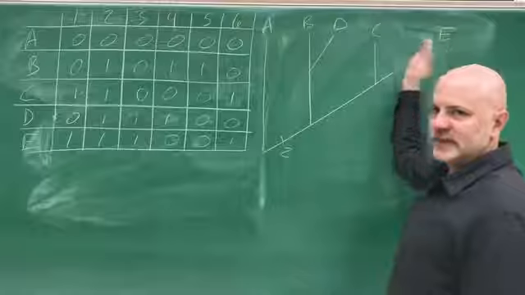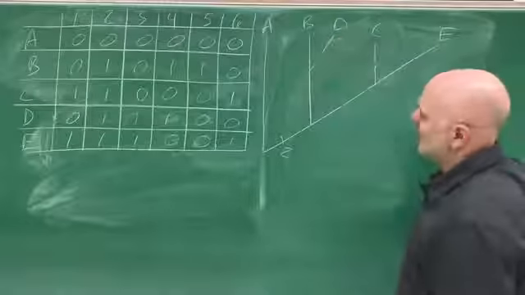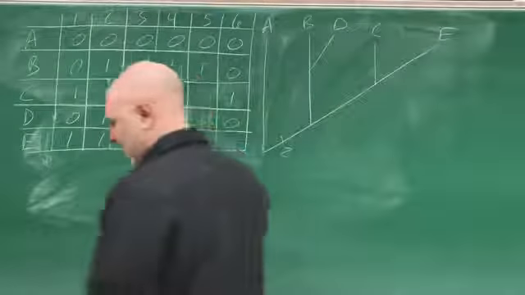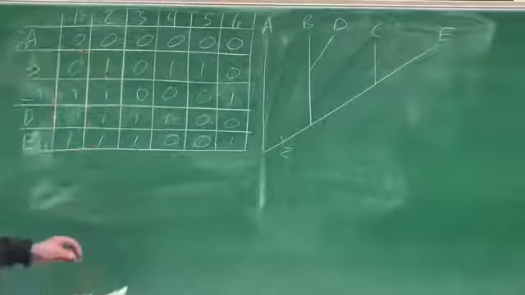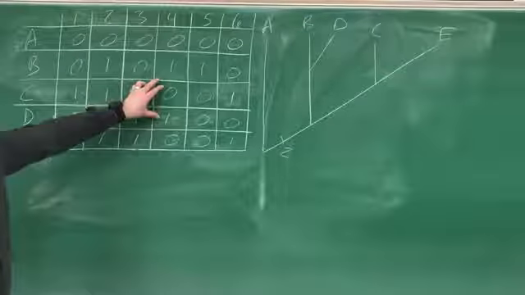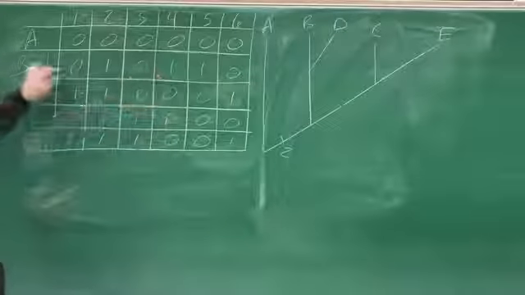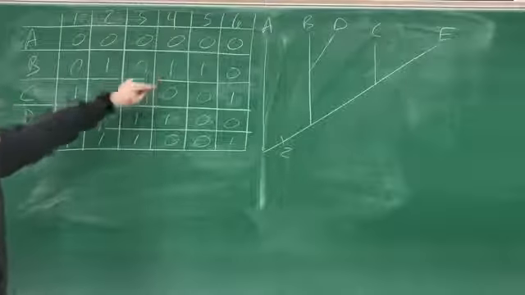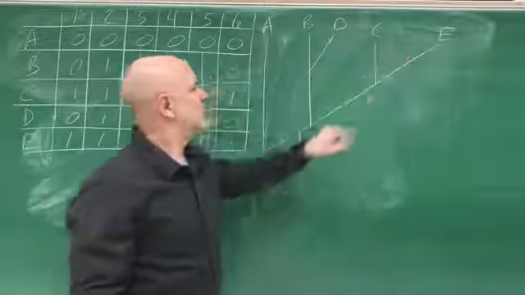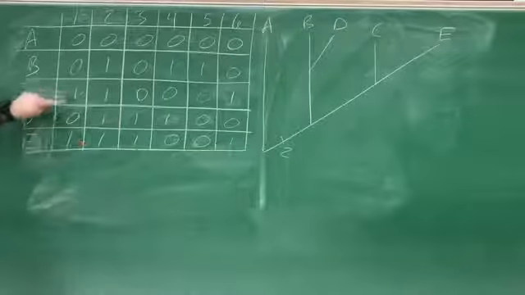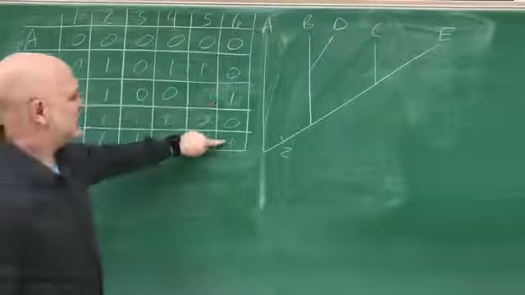You can flip those if you want to, but this is just the way I'm doing it on this one. Remember, I'm grouping these together because B and D had this in common, and I'm grouping these two together because C and E had 1 and 6 in common.